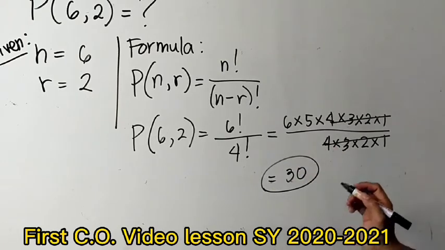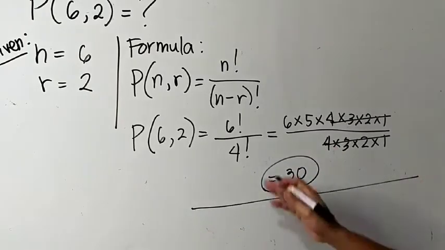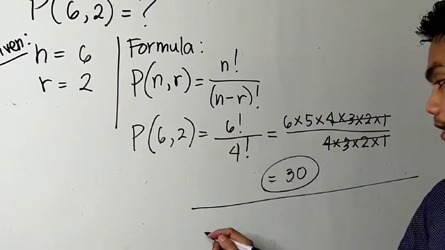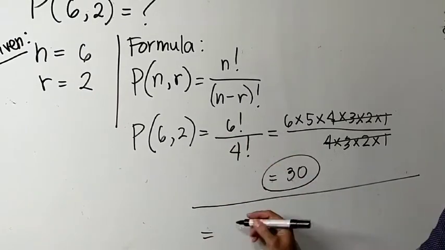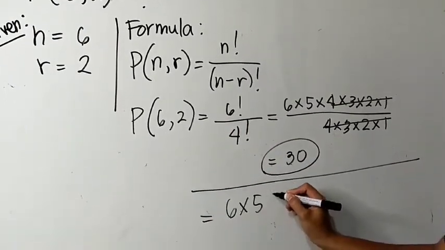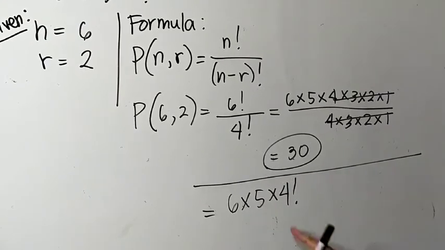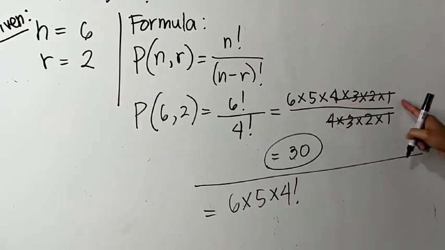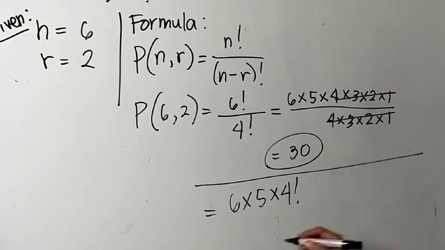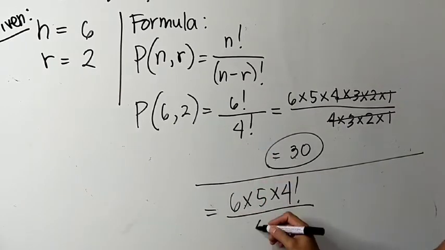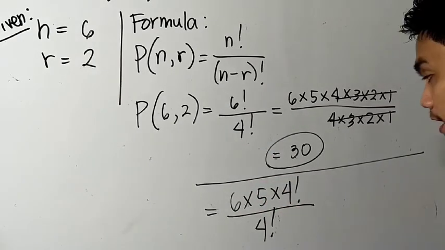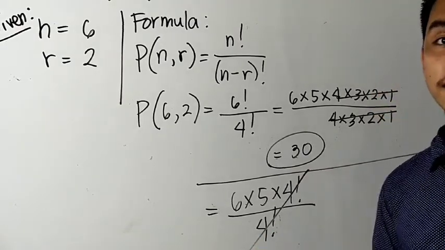But you may also have another approach in solving this part by simply having 6 factorial as 6 times 5 times 4 factorial, because 4 factorial is the same as 4 times 3 times 2 times 1. So that you will have the same as the denominator 4 factorial, and you may easily cancel these two.